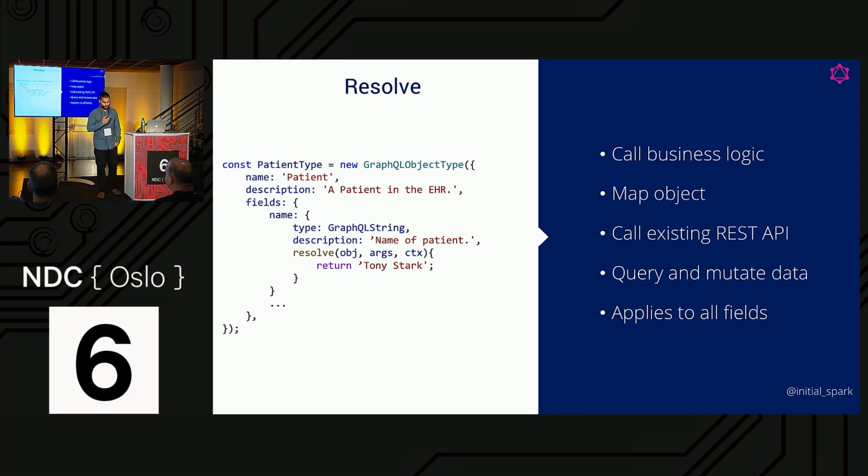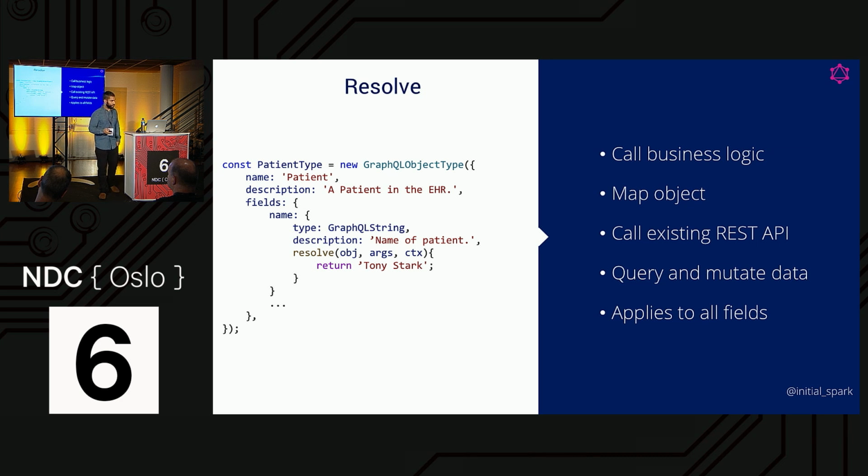So the resolve function. Now, technically, this is where all the magic happens. On your left, we see how you implement the actual type in JavaScript using the Facebook implementation. So we have an object type, which has a name of patient, a description, and we have some fields, and we have this name field. But the most important thing about this is that all the fields in our type have a resolve function. And this resolve function is where we call arbitrary code to actually resolve that field. So for instance, name is just returning a hard-coded string of Tony Stark.